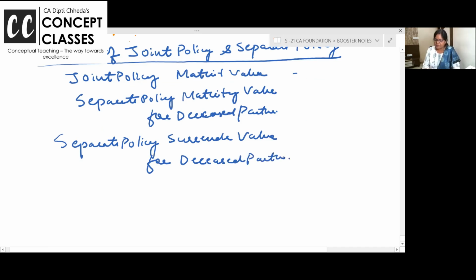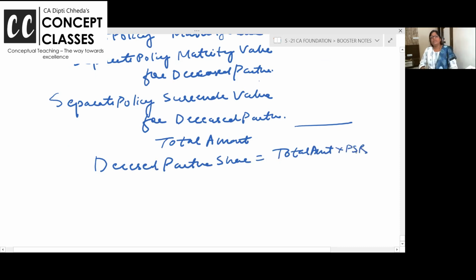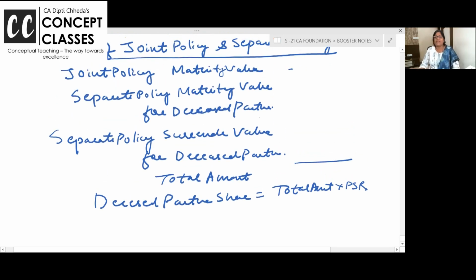Take the joint policy, separate policy maturity value for deceased partner, and surrender value. Whatever total amount you are getting, in that the deceased partner's share, total amount into his PSR, 2/4 or whatever his PSR is, that you have to take.